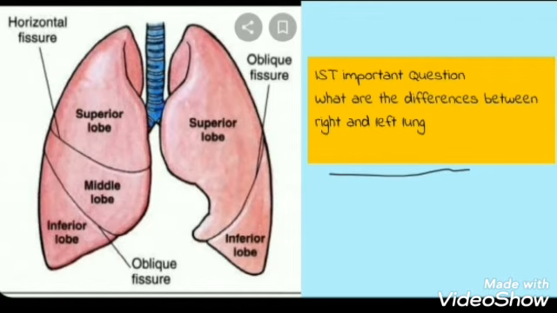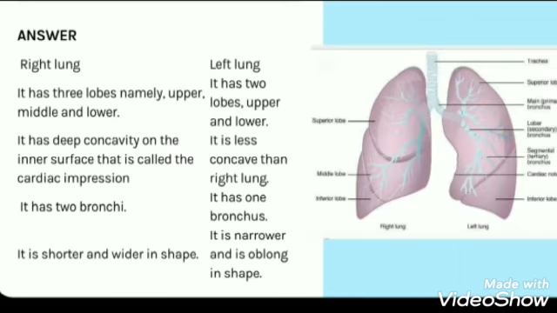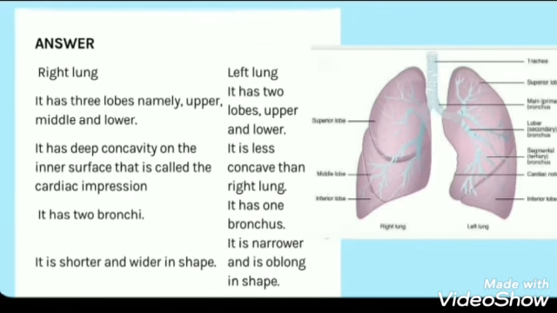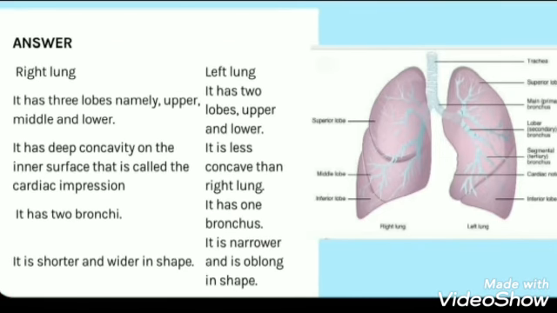Here I am giving you the points you have to remember. The right lung has 3 lobes, namely the upper lobe, middle lobe and lower lobe. How are these 3 lobes divided?